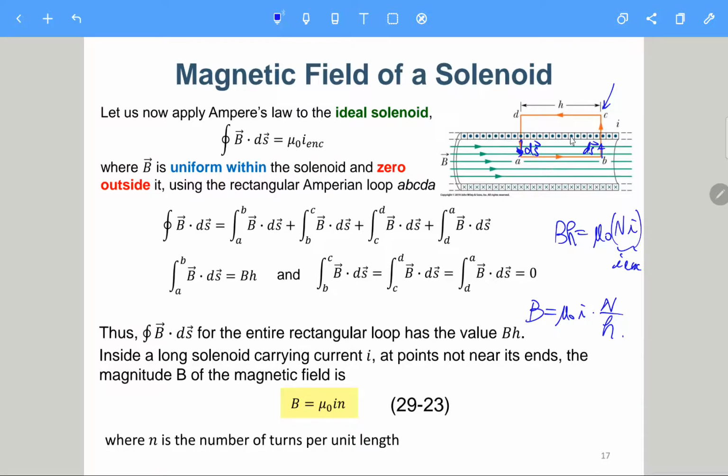N is the total number of turns inside this Ampere loop, and h is the total length of this Ampere loop, so we define N over h to be small n, which is the number of turns per unit length. So it finally becomes B equals mu 0 n I. This is the approximate value for the B field inside the solenoid.